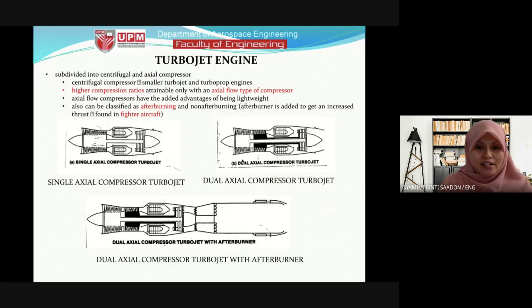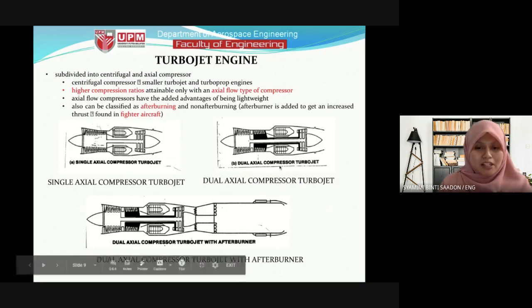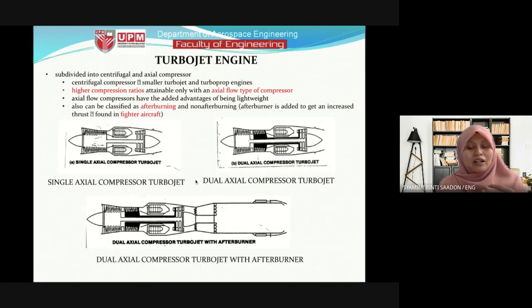These three schematic diagrams show you examples of axial flow type compressors. With an axial compressor, we can attain a higher compression ratio, so the air is increased to a higher pressure.